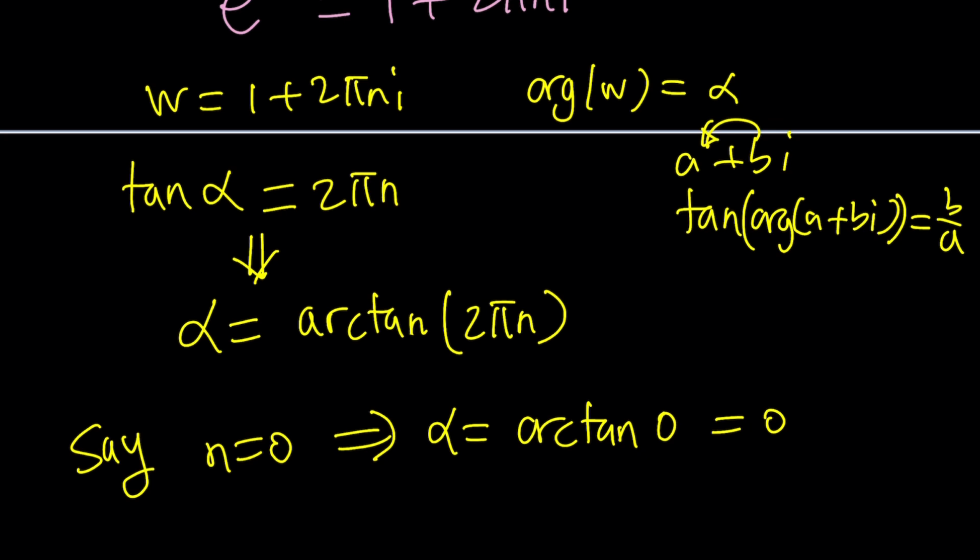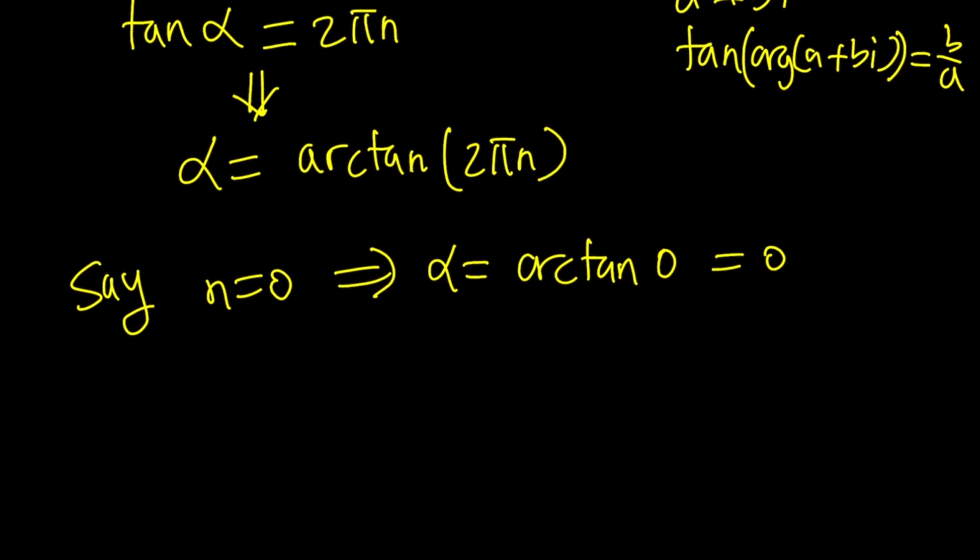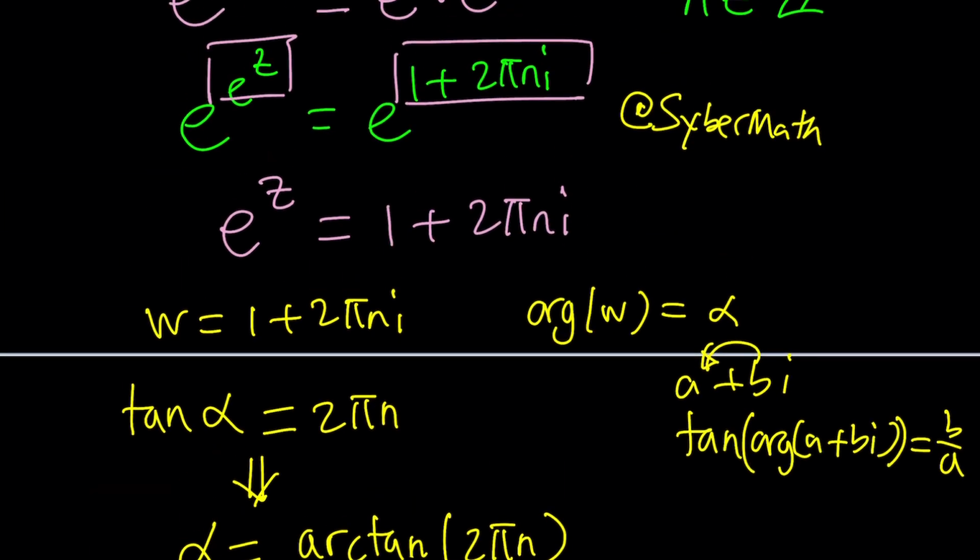But the thing is, it's not the only angle, or it's probably not what we're looking for. Anyways, so alpha is equal to 0. The problem is, it's impossible. You know why? Because if alpha is 0, then what's going to happen is, wait a minute, why is that impossible? Okay, let's check it out.